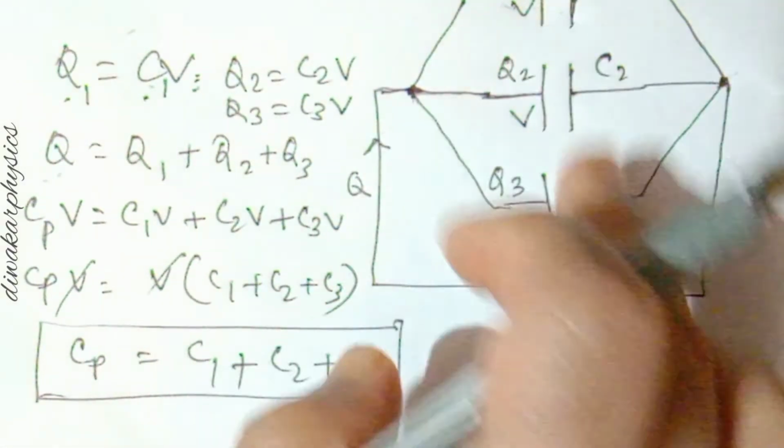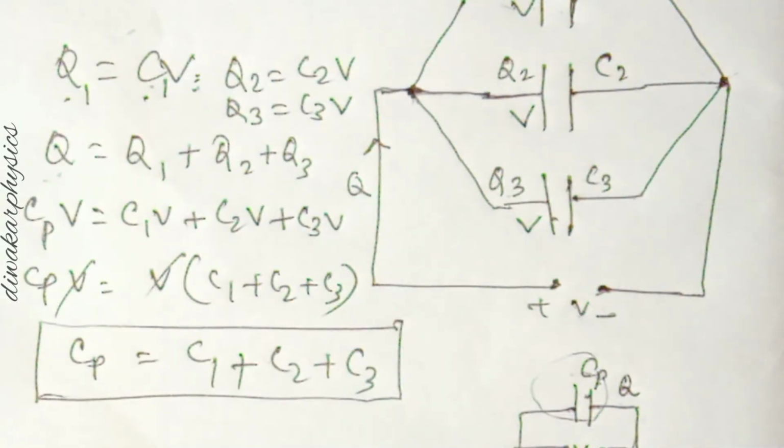So to increase the capacitance, you have to combine them in parallel, because C1 plus C2 plus C3 will be more than the greatest one also.